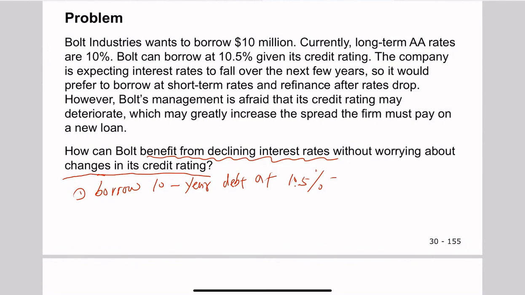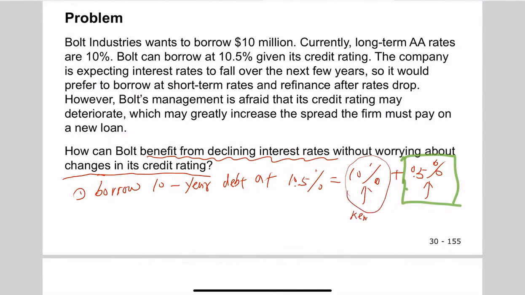And in this case, we know that the 10% is the market interest rate, and 0.5% is the credit spread. And we know that the firm wants to keep this part. But the firm wanted to remove this part, right? The firm wanted to remove this part.